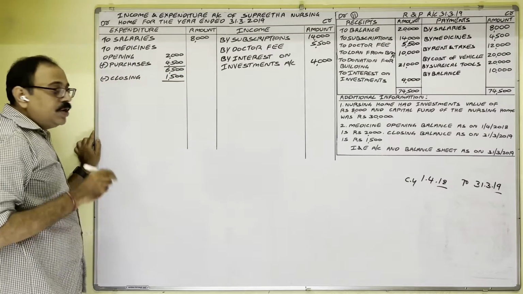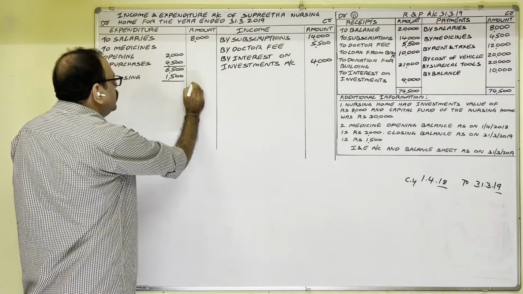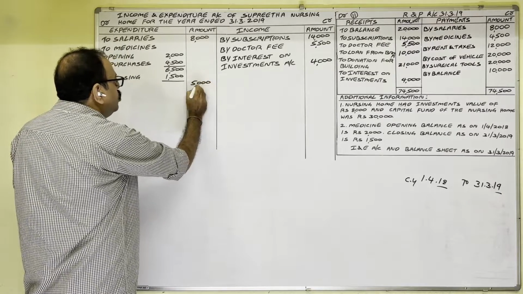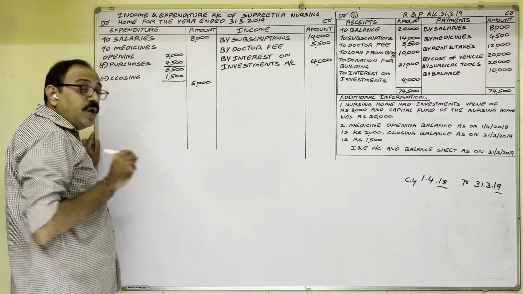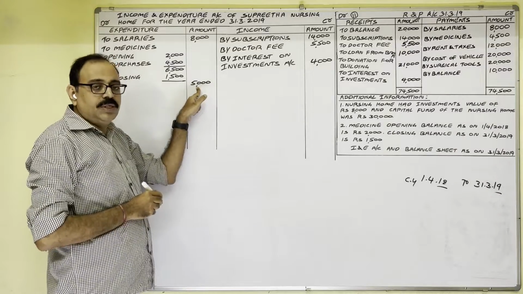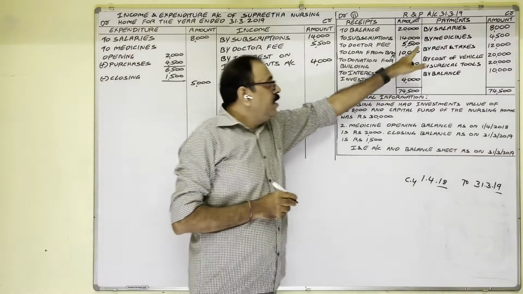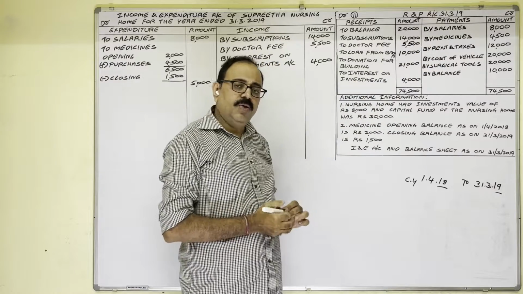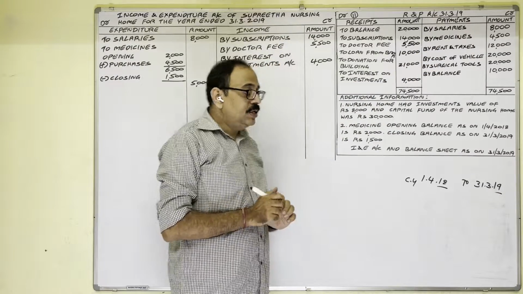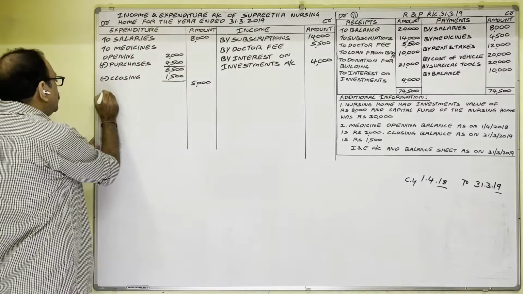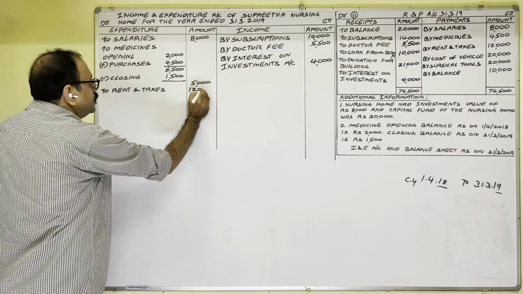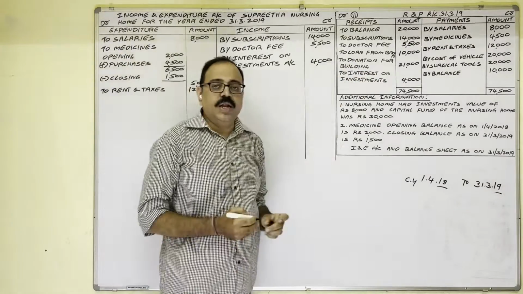Then the difference amount in outer column, 5,000. So medicines consumed during the year, revenue expenditure, is 5,000 rupees. Next, rent and taxes. So regularly we pay, revenue expenditure, debit side. No adjustment, 12,000 rupees.